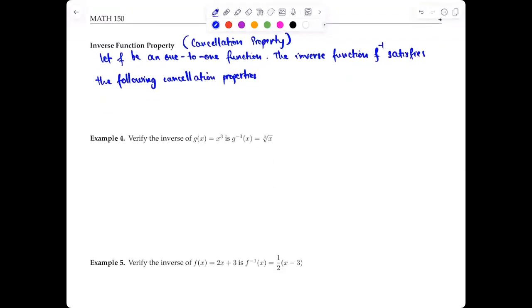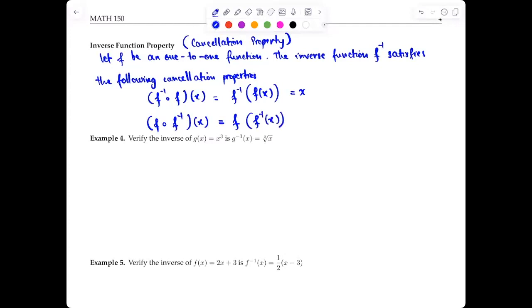Right, so there are two formulas. f inverse composed with f of x, or f inverse of f of x, has to be equal to x. And f composed with f inverse of x, or f of f inverse of x, is equal to x.